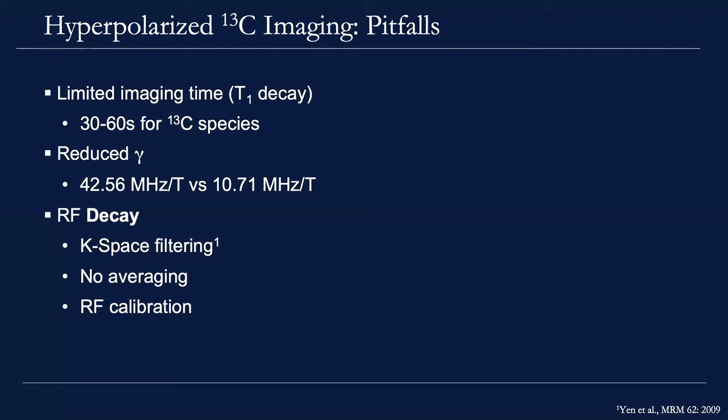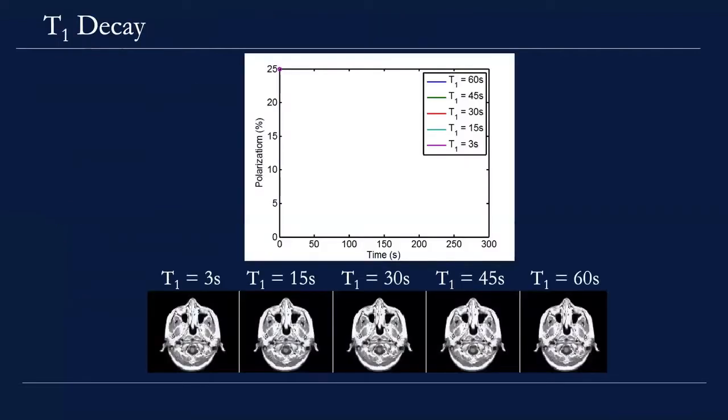So let's first focus on the concept of T1 decay, right? As opposed to T1 recovery, where you put your thermally polarized spins into a magnet and they recover, here they're going to decay. And so that means over time, your signal is an exponentially decaying function of T1.